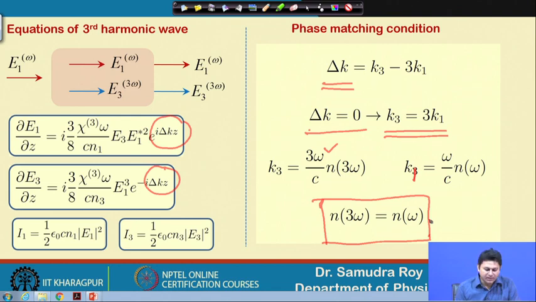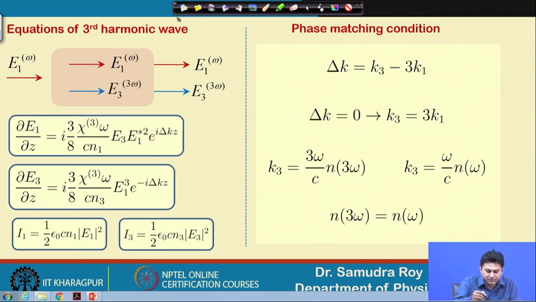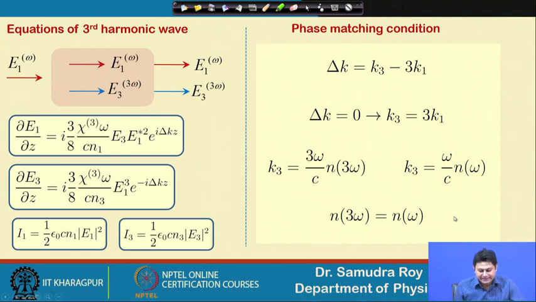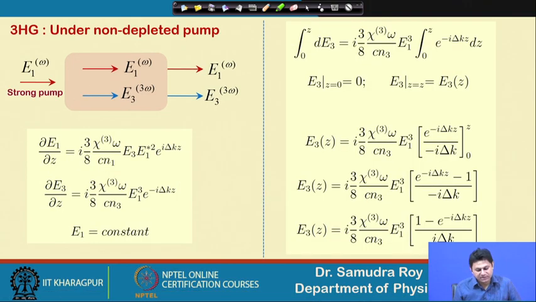So, we need to find out a way to make n of 3 omega equal to n of omega. Some birefringent process can still be possible to do that. We are not going to discuss it in detail, because we have already discussed this phase matching issue in the second harmonic generation process.